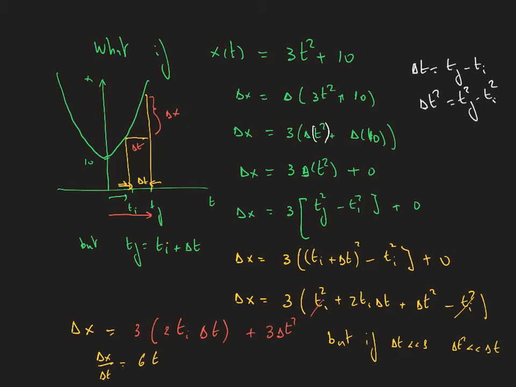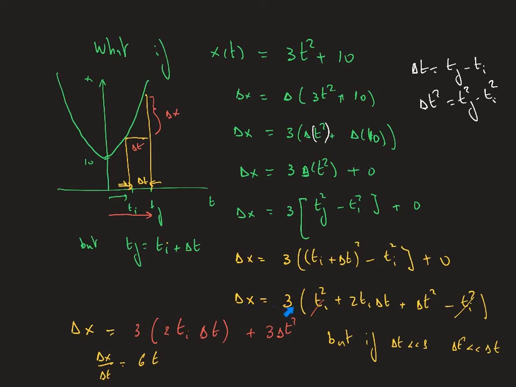Okay, well, delta t will be like this. Delta t squared will be t final minus t initial, but t final is t initial plus the change. So t initial plus the change, squared, minus t initial squared.